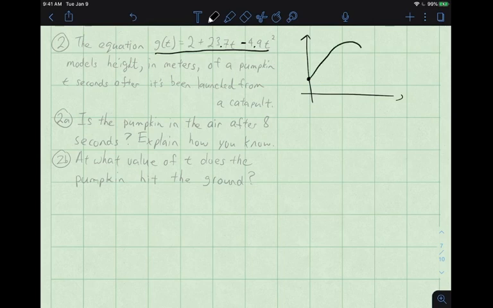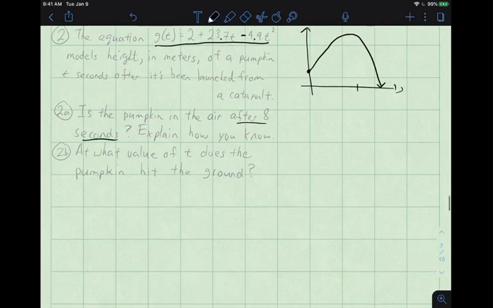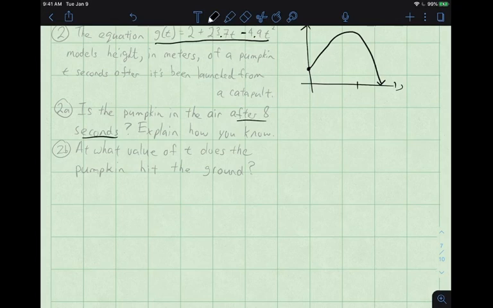Goes up, and then falls down. And to check whether it is in the air after 8 seconds, like is 8 seconds here? Is it here? We don't know just yet. And we can find out by using this equation, figuring out what g of t is.